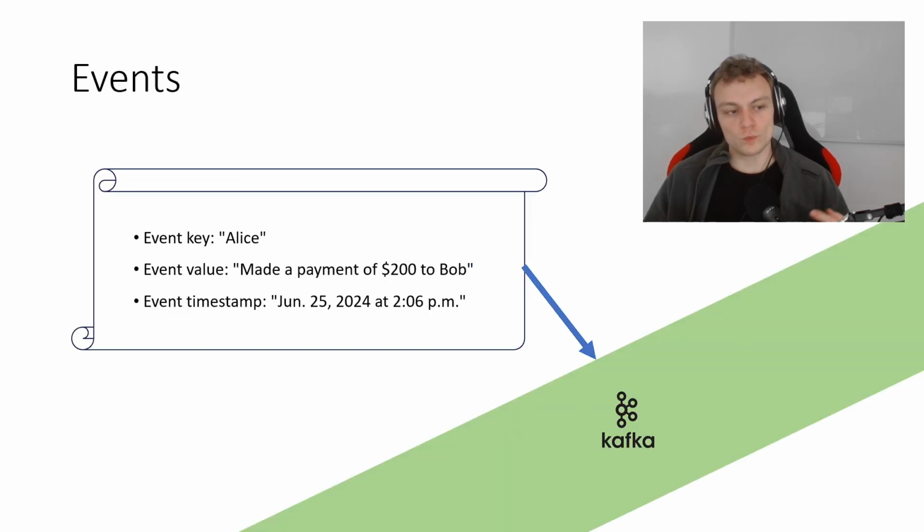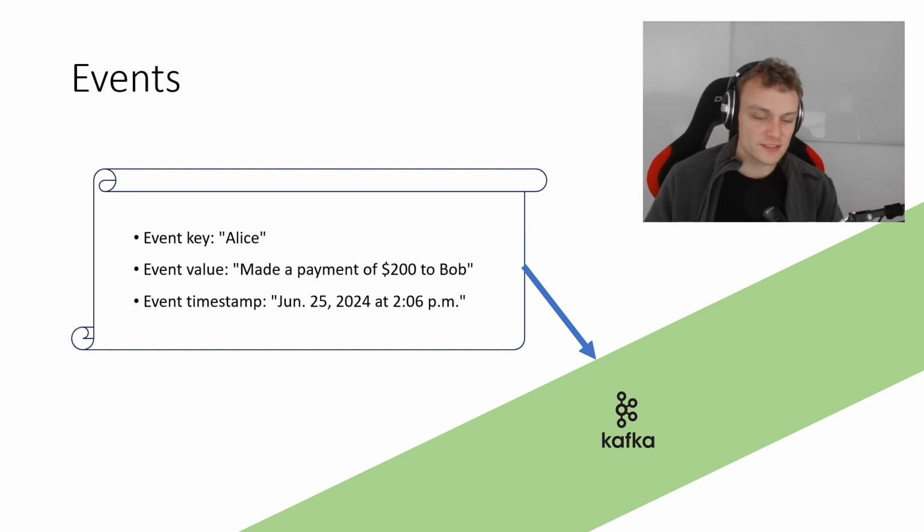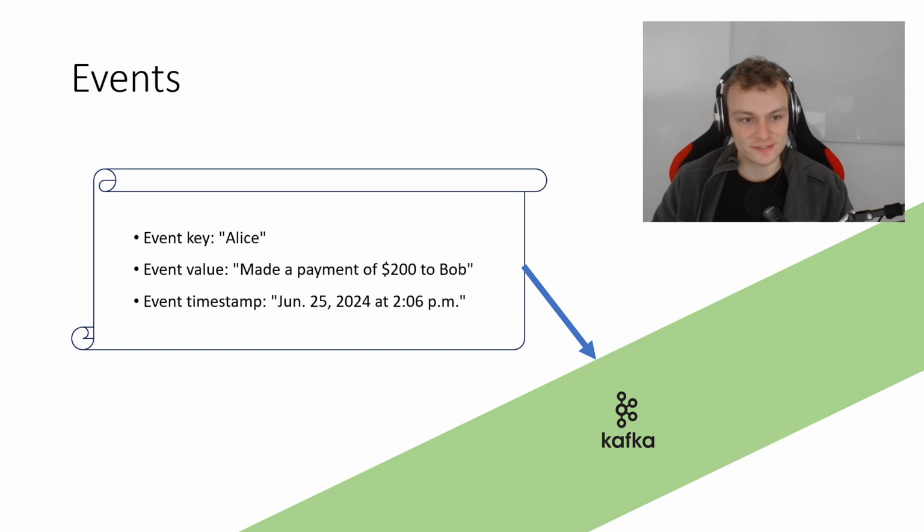Now, what actually happens? A producer writes an event into a topic. Here's an example event. The event for a payment system could look like this. There's an event key, that is Alice, a value, made a payment of $200 to Bob, and then an event timestamp.